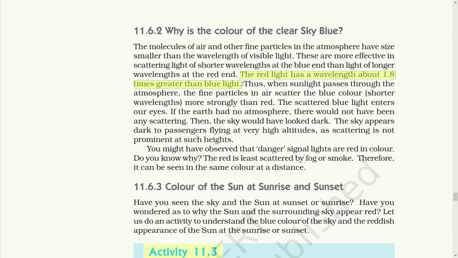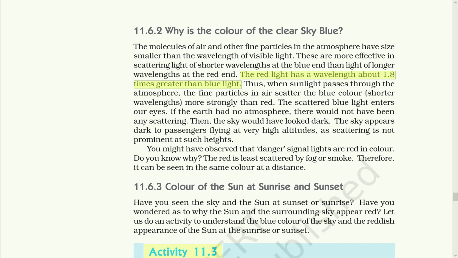Thus, when sunlight passes through the atmosphere, fine particles in air scatter blue color, that is the color with shorter wavelength, more strongly than red. The scattered blue light enters our eyes, and that is why we see the sky as blue, because the clear sky has the least colloidal particles in it, and that is why blue is scattered, not any other color.